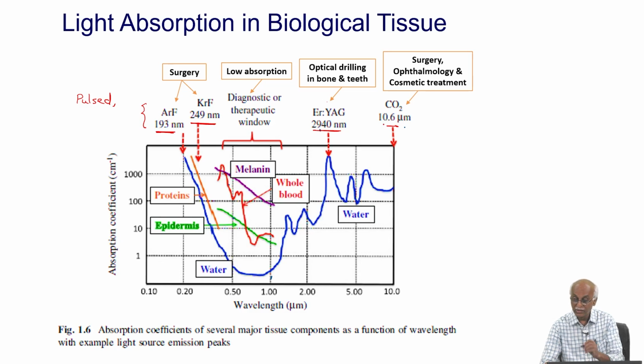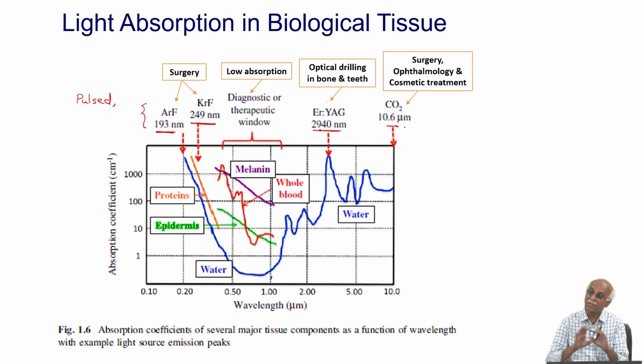Secondly, for the diagnostic window, for sensing, etc., we do not want the laser to interact with the tissue to generate heat or ablate the material. What we want is for it to just interact with and excite the material, so as to provide us some information related to scattering, absorption, or some polarization change.